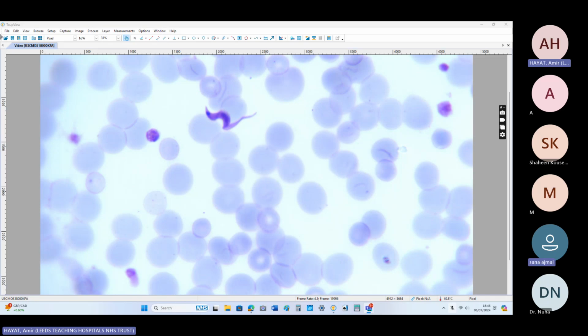But you should know from the geographical distribution whether it is trypanosoma cruzi or brucei, because one type of trypanosoma exists in South America, which causes Chagas disease, and another type exists in Africa, which causes African sleeping sickness. This sleeping sickness has two stages. Is the morphology of this one cruzi, right?